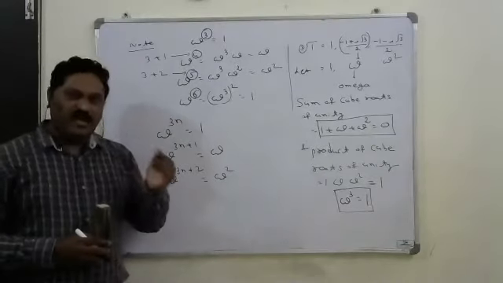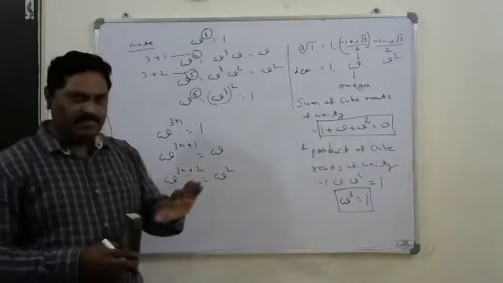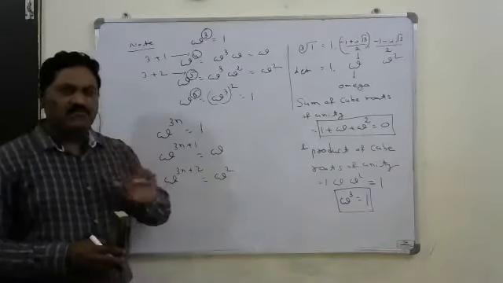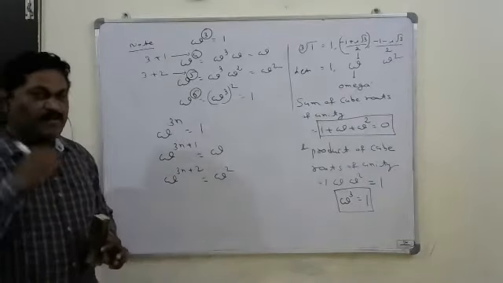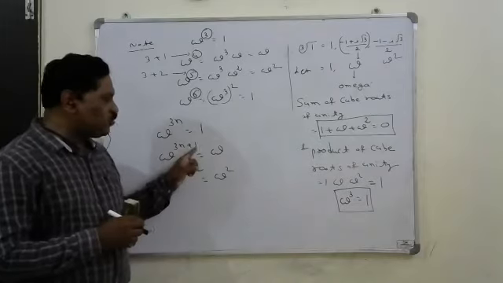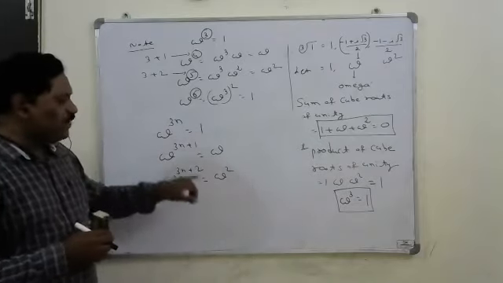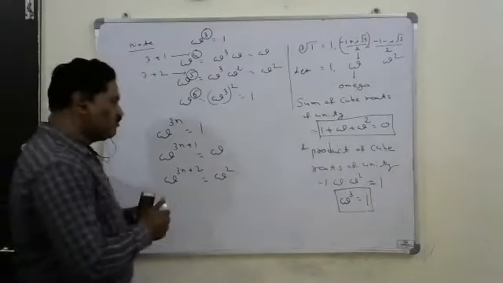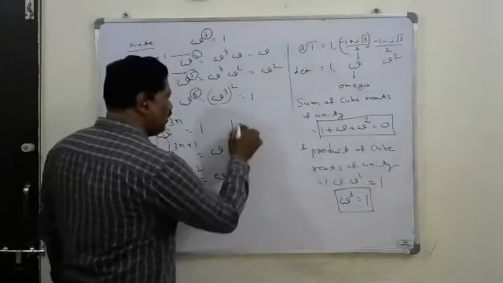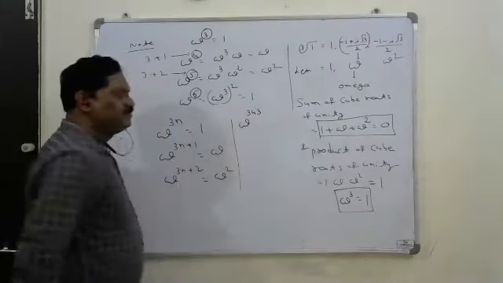If the power of omega is a multiple of 3, then its value is 1, whatever the power may be, even if it is a bigger power. If the power is a multiple of 3 plus 1, the value is directly omega. If the power is a multiple of 3 plus 2, we can directly write the value as omega square. Okay. Suppose, for example, I want to find omega power 343.